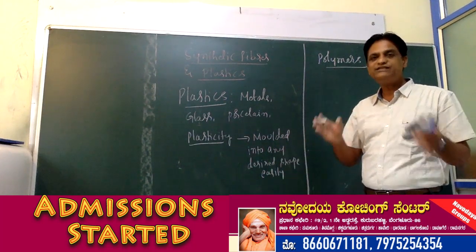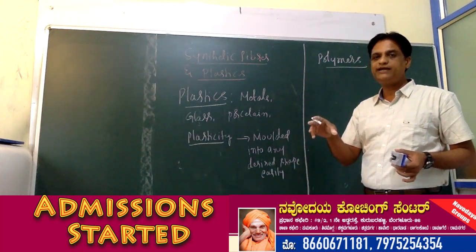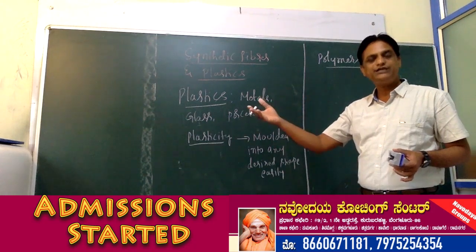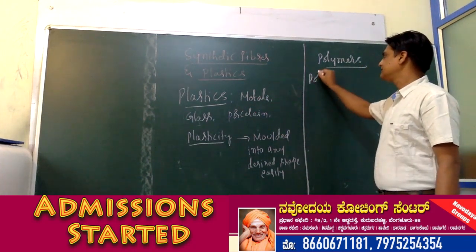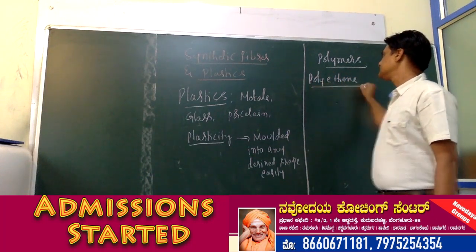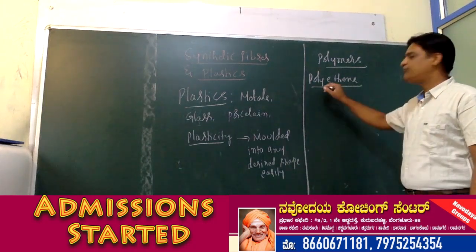Okay. So when we say polymers, they are big molecules which are formed by repeated joining of smaller units called monomers. Let us take some examples of plastics. The most common example of plastic is polythene.